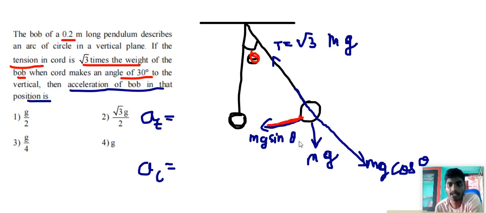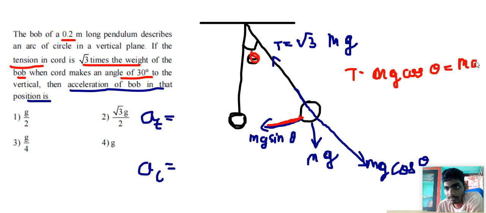For the centripetal force, T minus mg cos theta equals ma. From the centripetal force you can find the centripetal acceleration, and from the tangential force you can find the tangential acceleration. From both accelerations you can find the net acceleration acting on the bob.